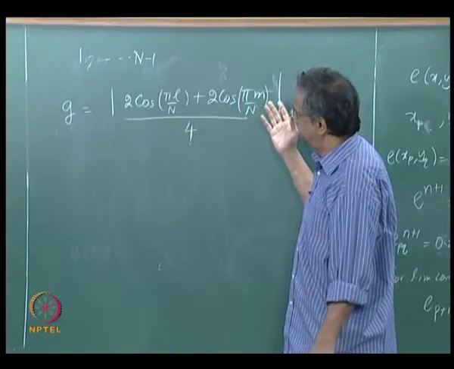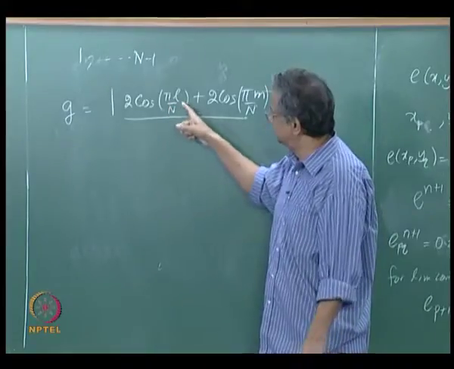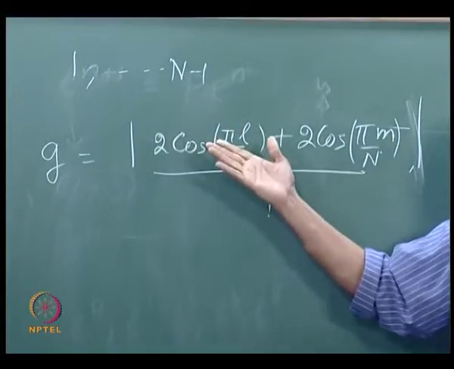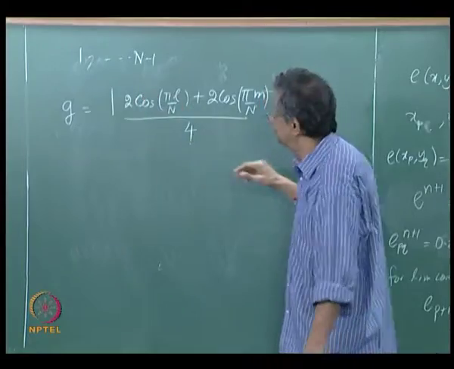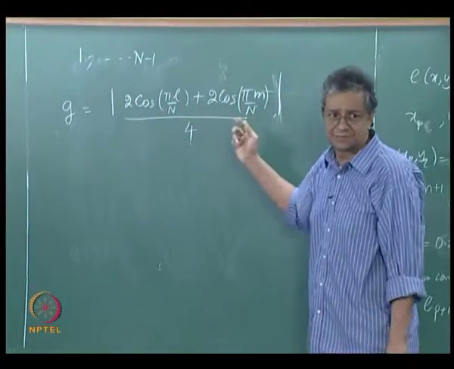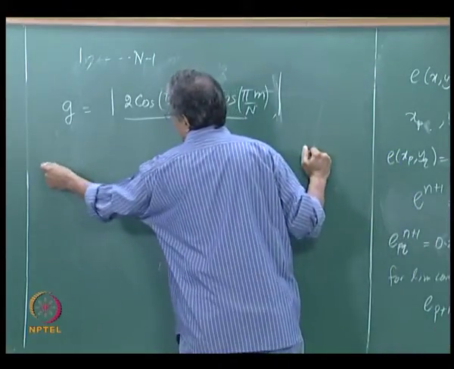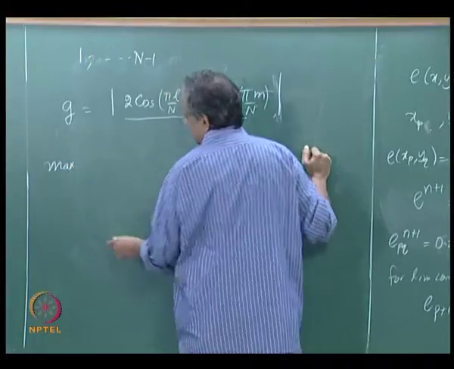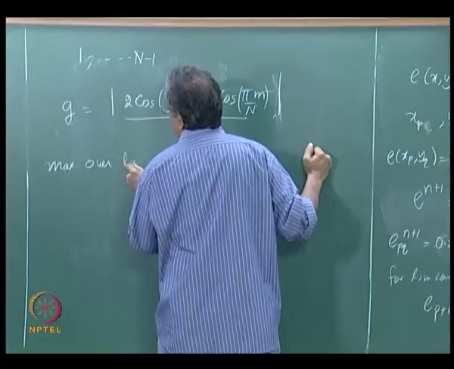Am I making sense? Because if 0 was possible, then the cos would be 1, if you went to pi, cos would be minus 1, which are the extreme values that it can take. We have a modulus, so the sign does not matter. So I substitute 1 and this gives me the max over L and M.